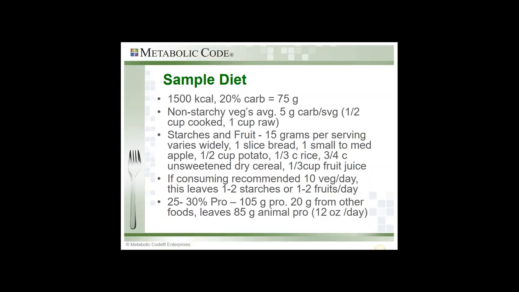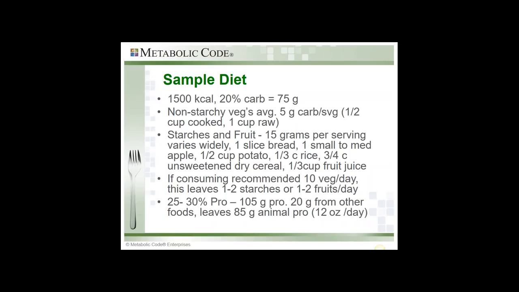25% protein is actually pretty high, just the way it breaks down with your actual diet, and if you get up to 30%, that's a little bit hard to accomplish unless the person uses protein powders. But regardless, with that range, they're going to be taking in 105 grams of protein.